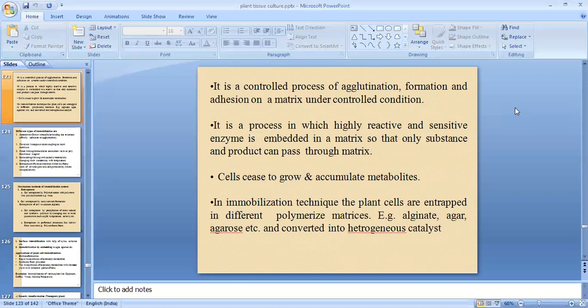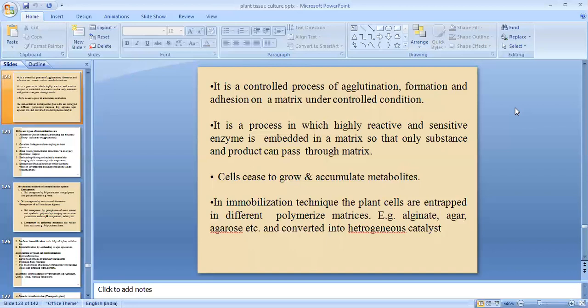It is a process in which the highly reactive and sensitive enzyme is embedded or trapped in a matrix so that only the substrate and product can pass through the matrix. And the cells cease to grow and accumulate the metabolites.